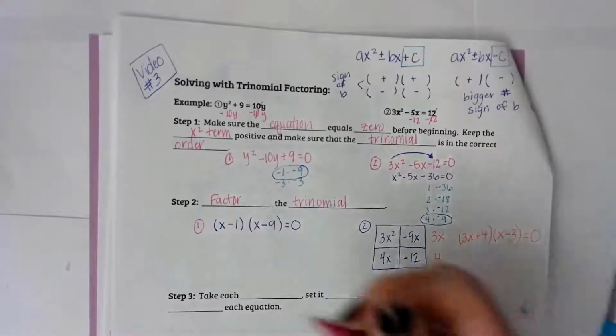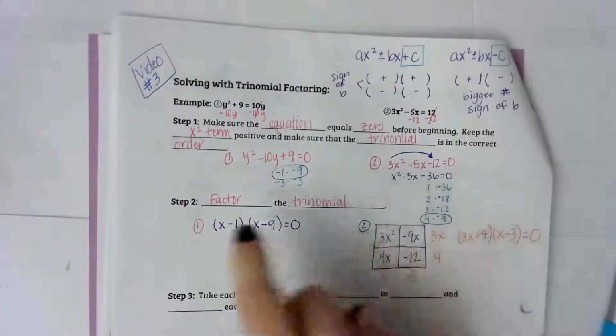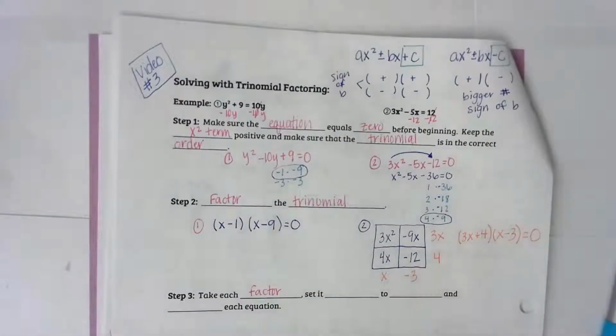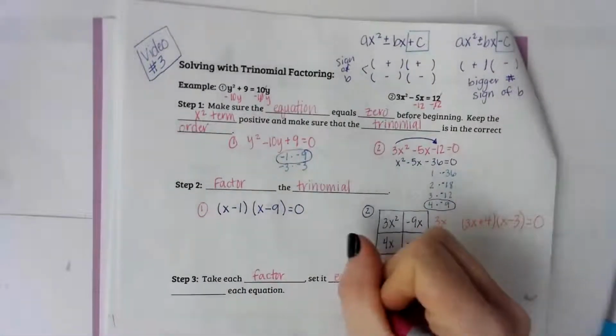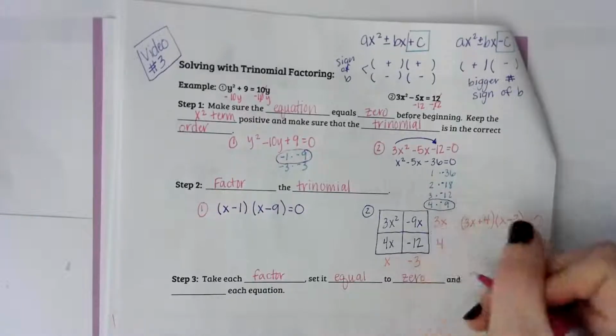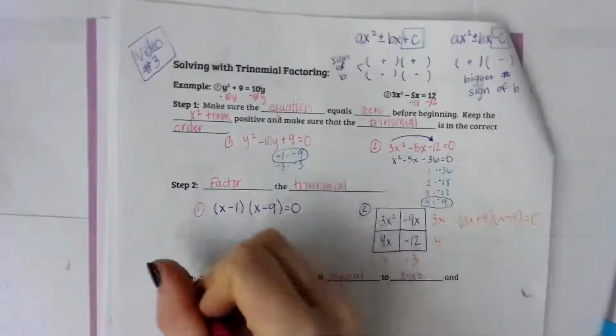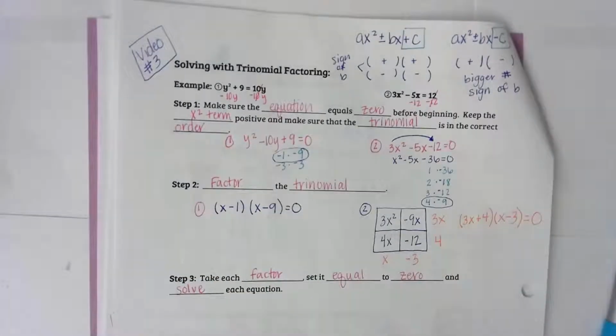So then step 3, you're going to take each factor. So that's what's in your parentheses, your factors. Set it equal to 0 and solve each equation.